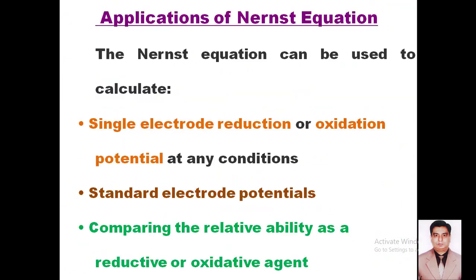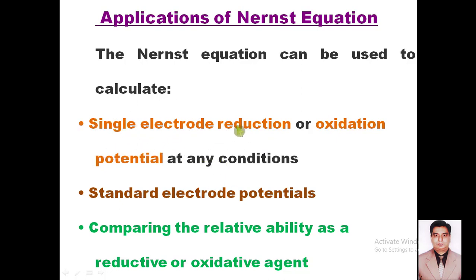Similarly, if we see the other applications of the Nernst equation, then we can say that the Nernst equation can be used to calculate, number 1, single electrode reduction or oxidation potential at any condition.